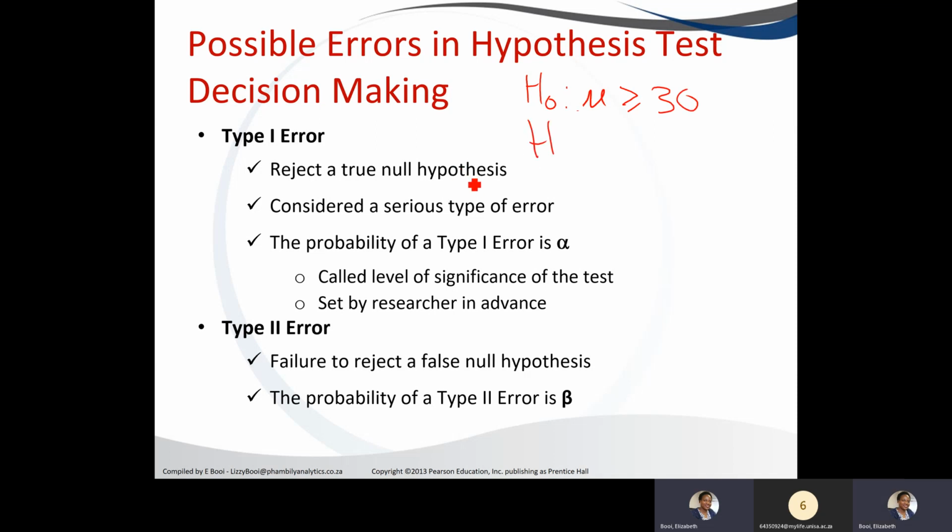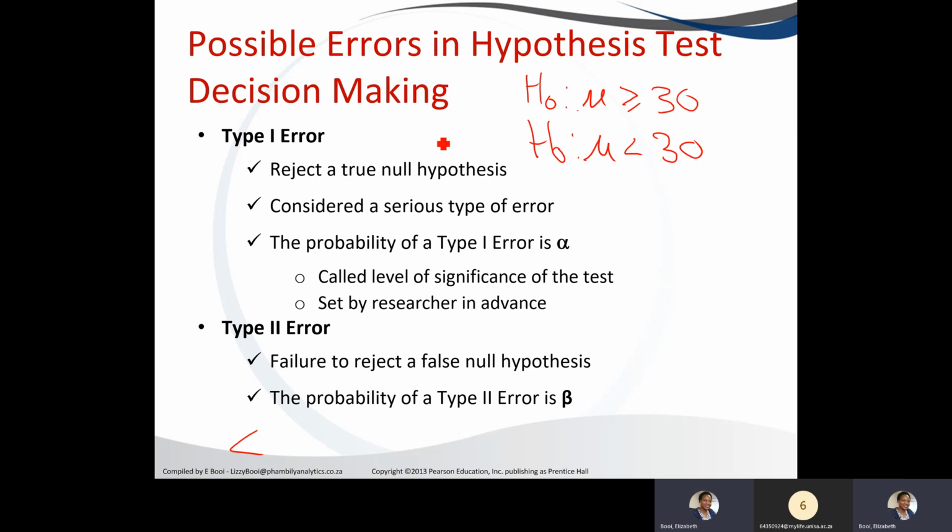And in our alternative, the mean is less than 30. Now let's say the researcher wants to prove that the mean is less than 30. Remember that? The researcher wants to prove that the mean is less than 30.